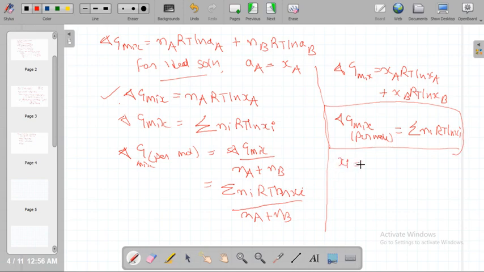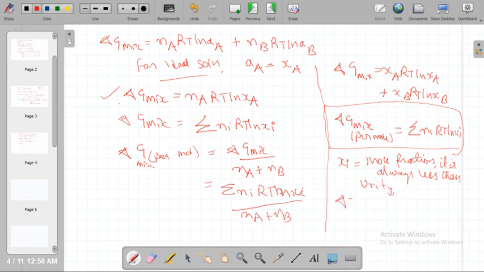So this is for the entropy of mixing of the solution. This Xi is nothing but the mole fraction in the solution, and it is always less than unity.